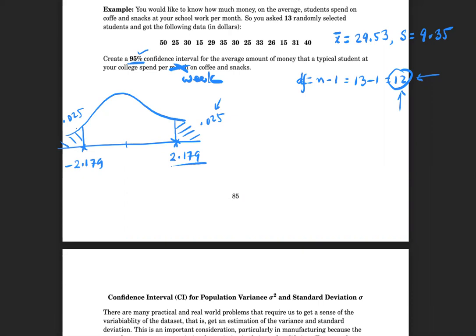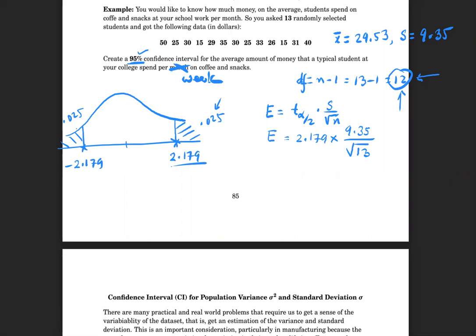And your margin of error is going to be t sub alpha over 2 times S over square root of the sample size. So, which is going to give you 2.179 times S, the standard deviation 9.35, all of it divided by the square root of the sample size, which is 13.